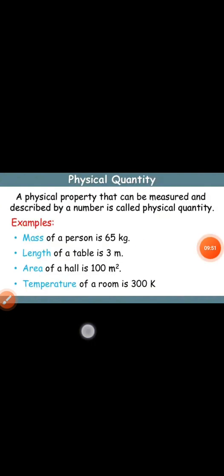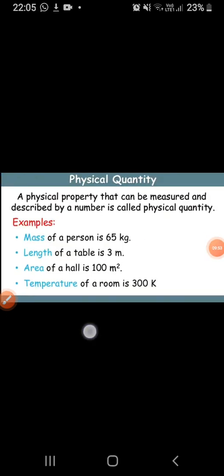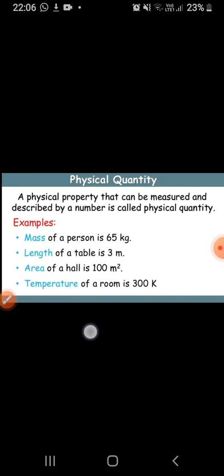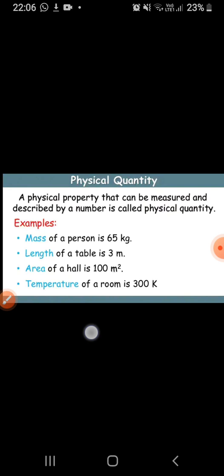Now the question arises, what is a physical quantity? A physical quantity is that property that can be measured and described by a number. For example, the mass of a person is 65 kg. So here mass is the physical quantity that can be measured.